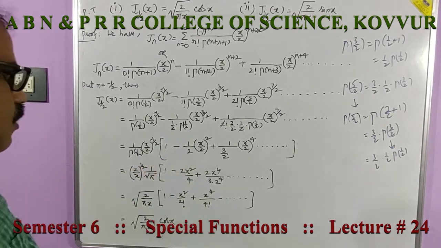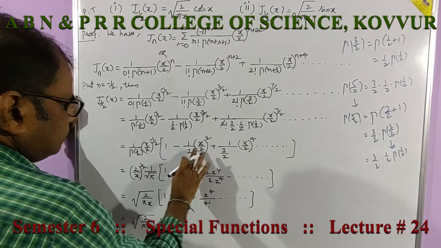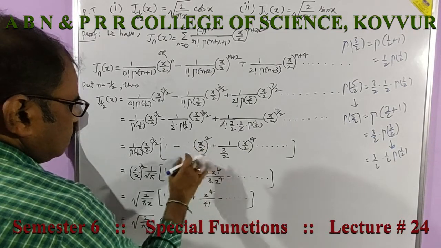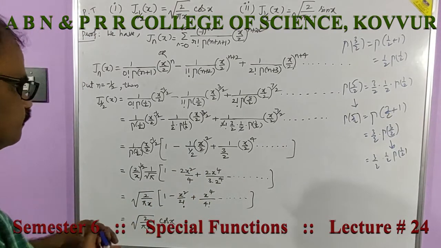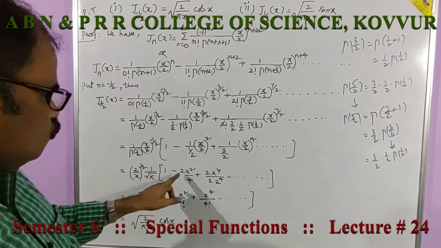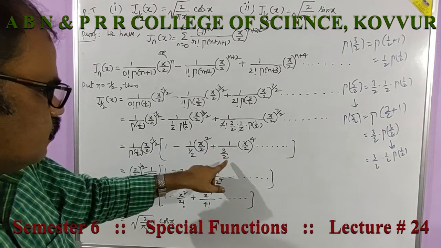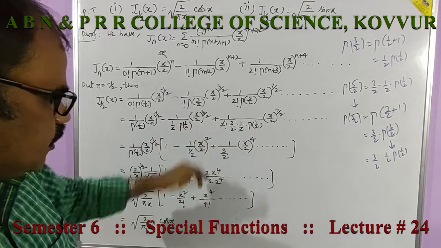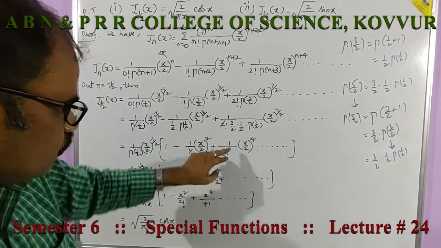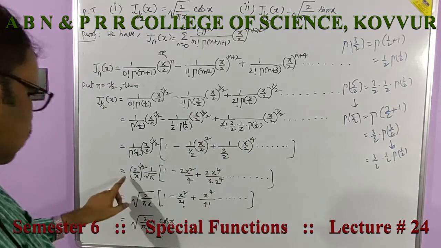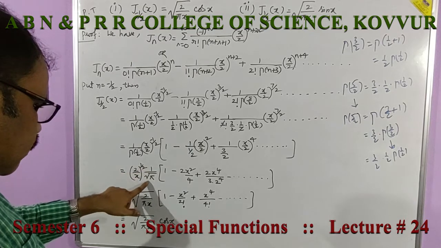This is 1 by 1 by 2, therefore that is 2x square by 4 and this is 1 by 3 by 2, that is 2 by 3. 2 by 3 x power 4 by 2 to the power of 4, this is 2 by 3 going on. So this is root 2 by root x 1 by root pi.